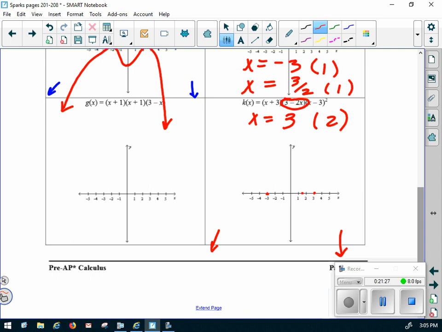So let's see, can we do that? Does that work? Don't make any pointy places. So what do I care about? Have you got the end behavior right? Have you got the zeros in the right places? And do you show the multiplicities? Cross, cross, kiss.